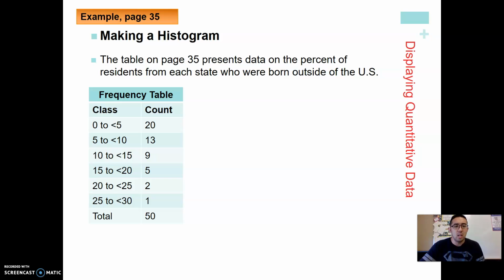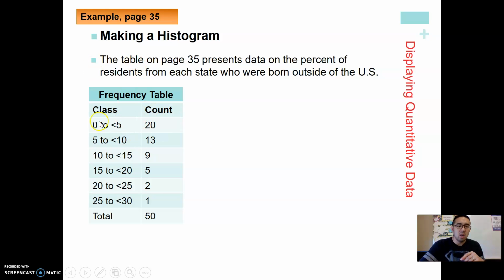This data tells us what percentage of residents for each state were born outside of the U.S. So in other words, permanent residents, like if they live in a certain state, but they were born outside of the U.S. Like my parents would be counted in this. So there are a total of 50 states, right?